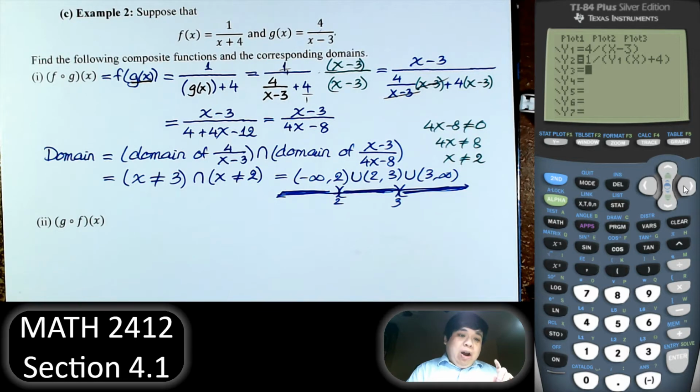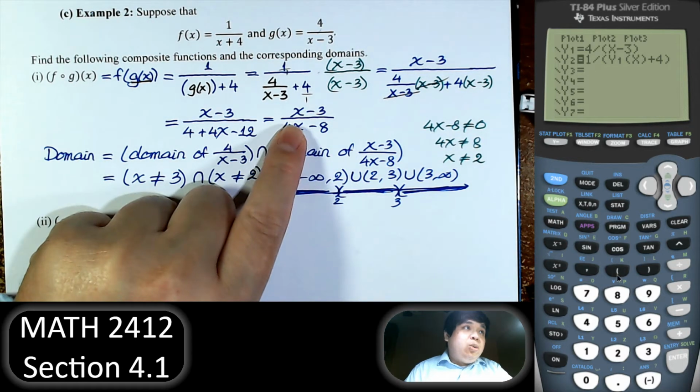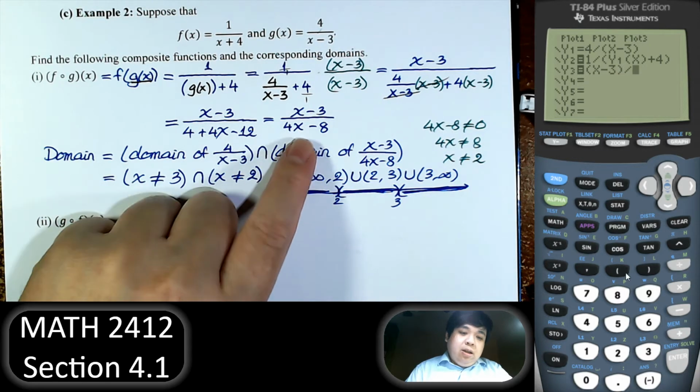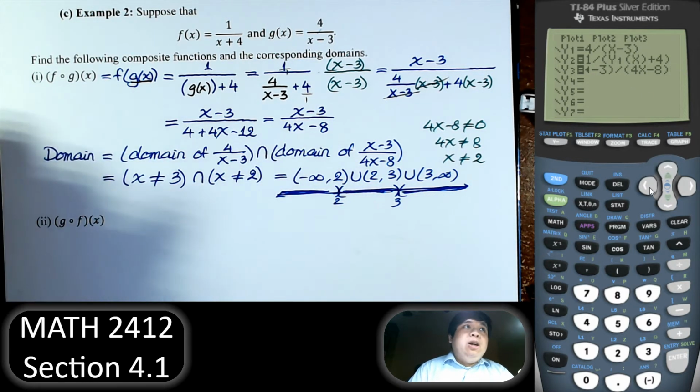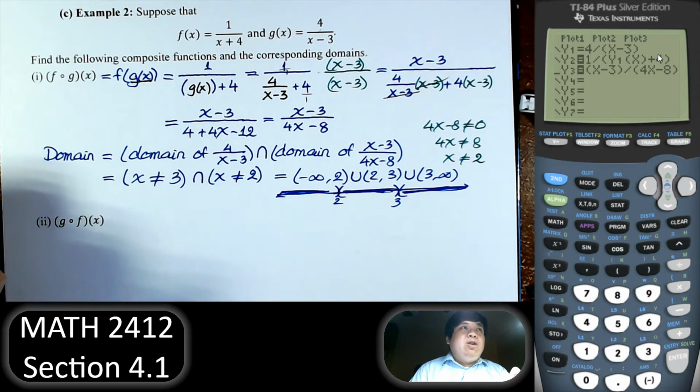Now, I will graph the second function, x minus 3 divided by 4x minus 8. So I just want to confirm that these two functions are the same. So the way we do that, I just go back here, all the way back, and I change the parent to something like that. You see, it will not graph the first function because I turned it off. It will graph this function in this pattern. You see.